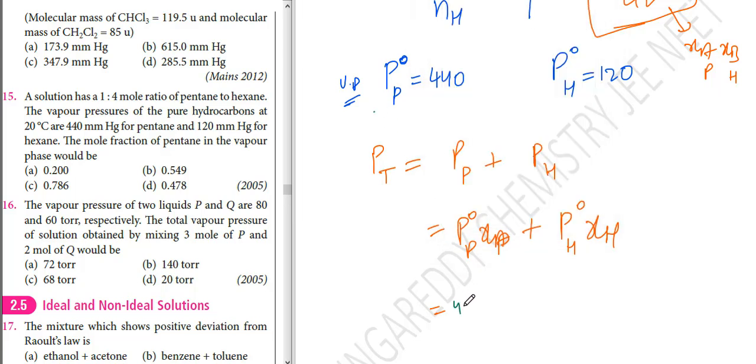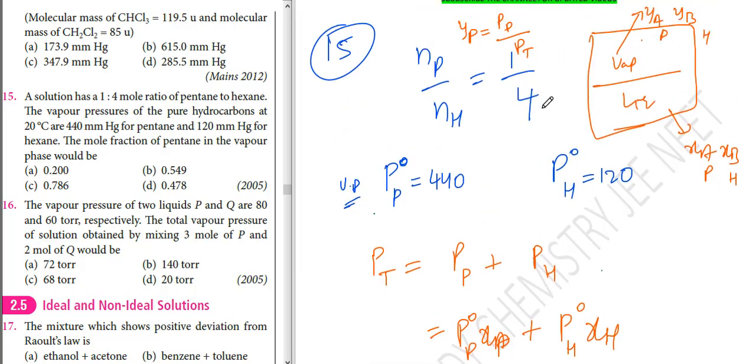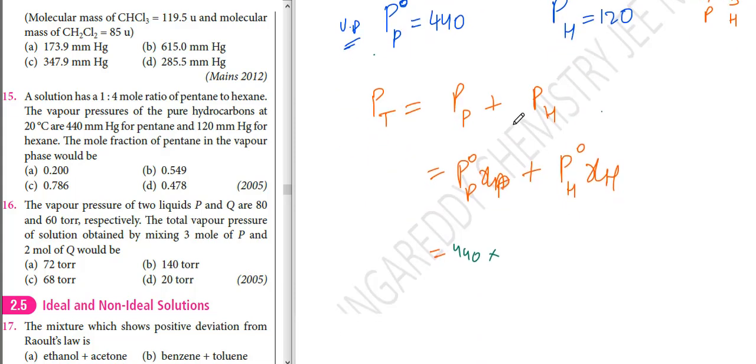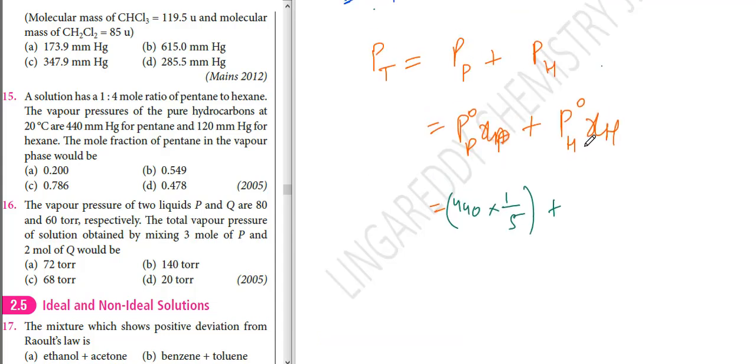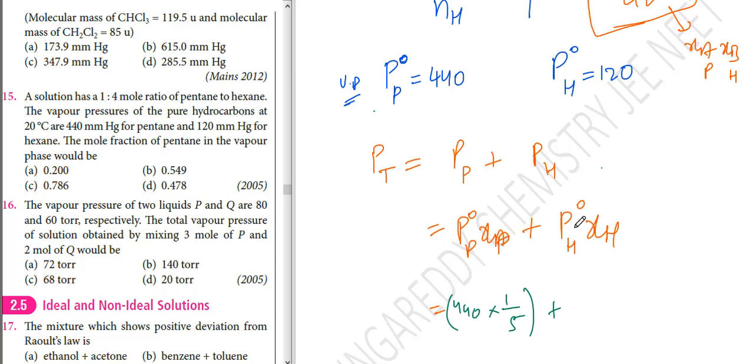So 440 into X pentane. See once again, the pentane number of moles is 1 mole, hexane 4 moles, total 5 moles. So I can write 1 by 5, because pentane is 1 mole and total moles are 5. Plus P naught H, hexane, is 120 into XH, number of moles 4, total number of moles 5.